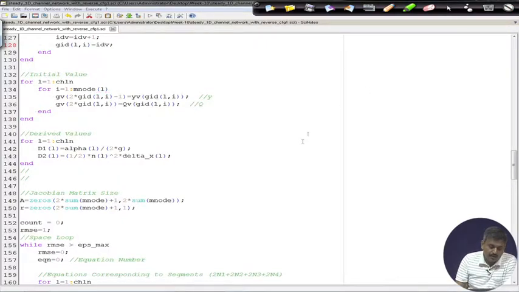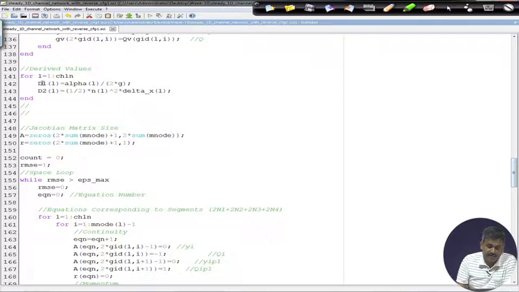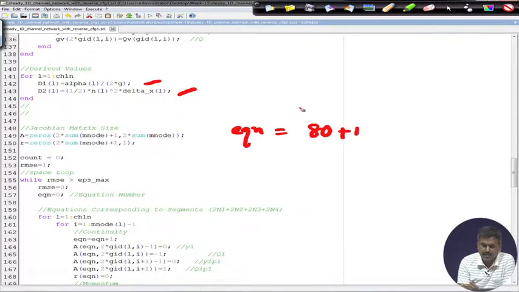Now, derived values we can calculate, D1, D2 in this case, and we will get EQN equal to 80 plus 1, that is 40 into 2 plus 1 unknown.